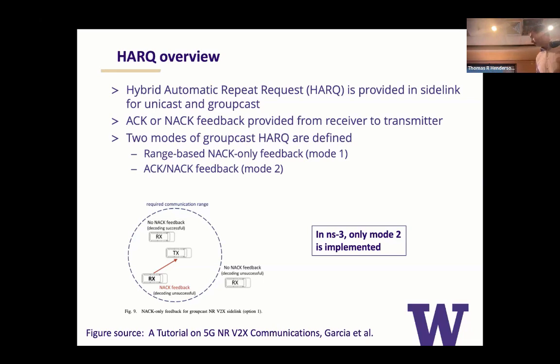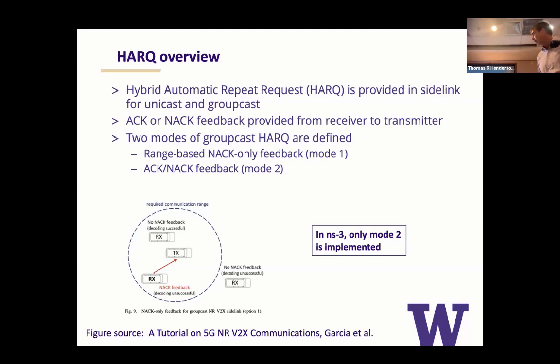So in mode 1 here, a use case would be that there may be a communication range where you want to get some feedback that potentially decoding was unsuccessful. But beyond a particular communication range, you would suppress your NACK feedback.